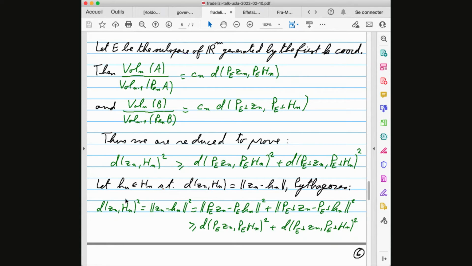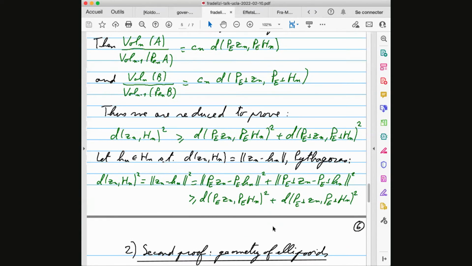And by Pythagoras, you know that this square is exactly the sum of these squares, and the norm squared is the sum of the squares of the projection to the space and to its orthogonal. And by definition, this distance is larger than this. And so you get the result.